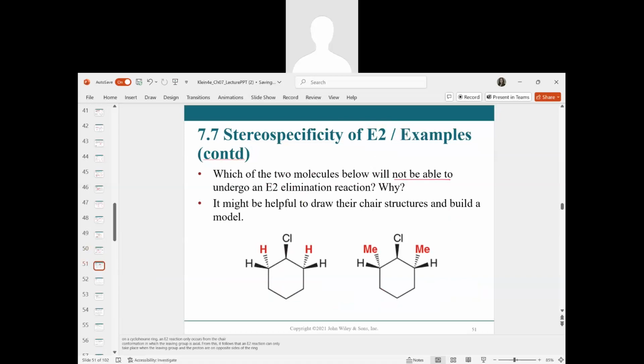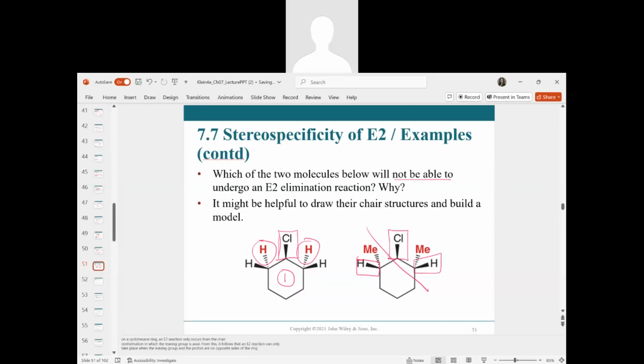We can see that this first compound, we'll call compound 1, can complete an E2 elimination because it has hydrogens shown here in an anti-periplanar orientation to this halogen, whereas these hydrogens are not in an anti-periplanar relationship to that chlorine, so this compound would not be able to have an E2 elimination mechanism occur.